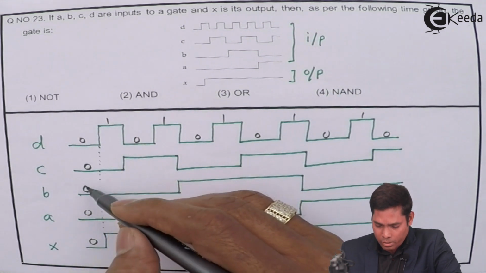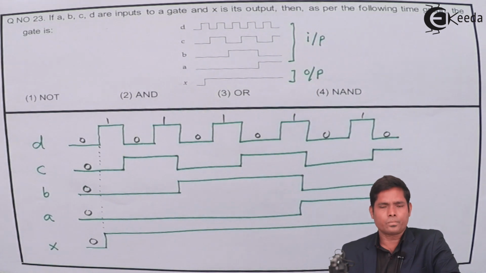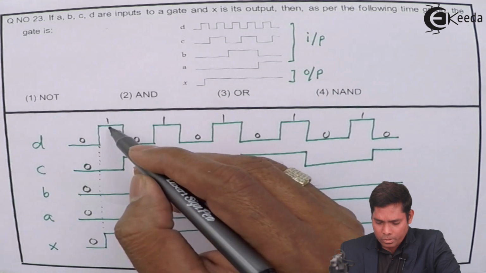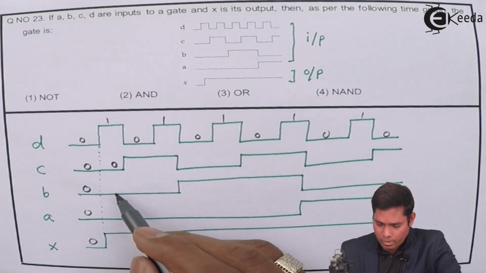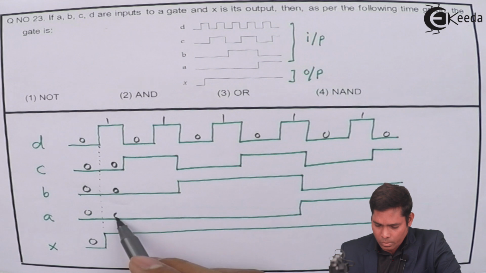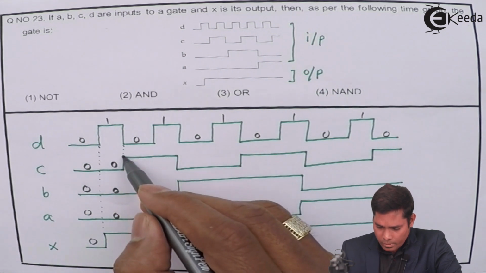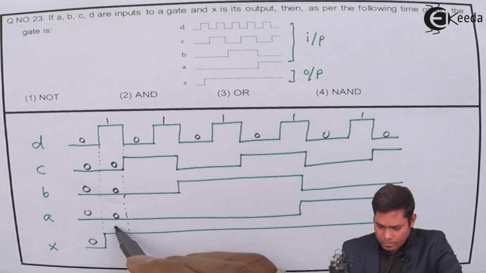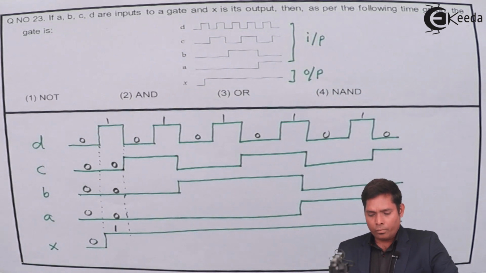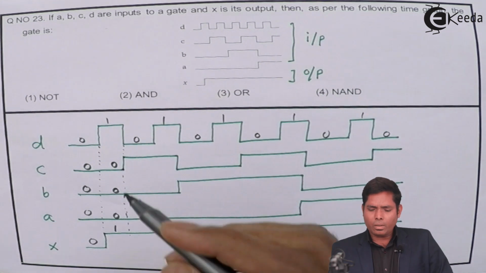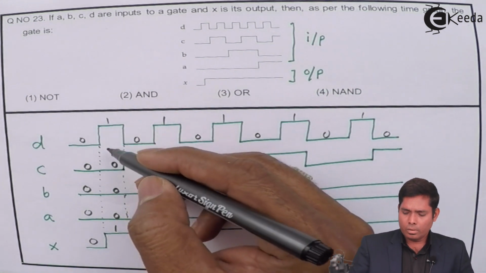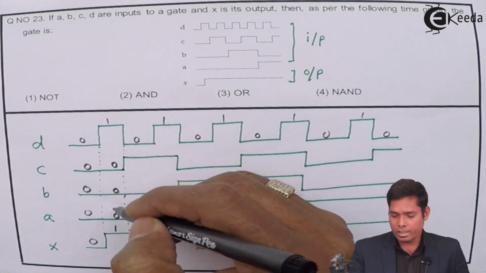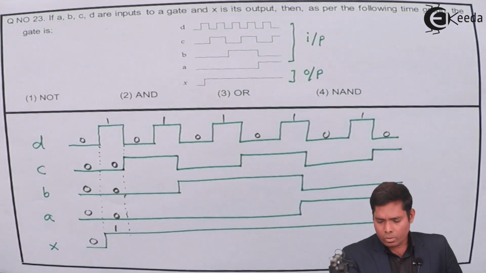So when the inputs are 0, the output is 0. Here one input is 1, the other ones are 0, and the output is 1. So when any one of the inputs is 1, the output is 1, irrespective of the other values being 0.